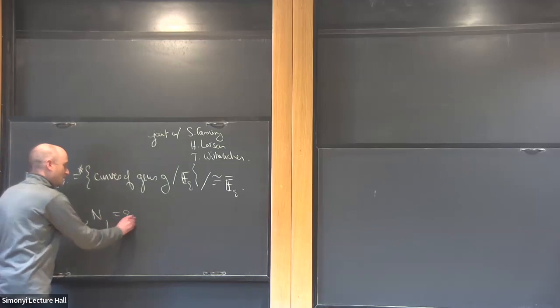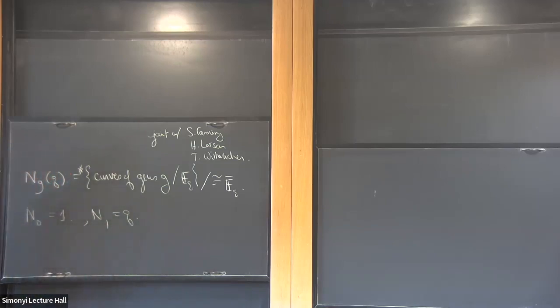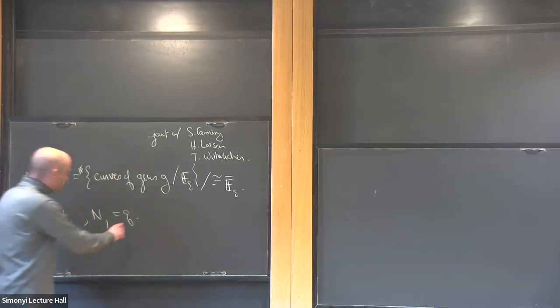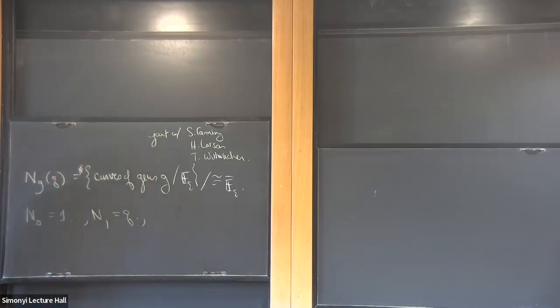So N1 is Q. And you can do N2. You could think of the canonical linear series on a genus 2 curve, which realizes the genus 2 curve as a 2-to-1 cover of P1 branched over 6 points. And any 6 points will determine a genus 2 curve. And so you can start counting configurations of 6 points and look at how PGL acts.